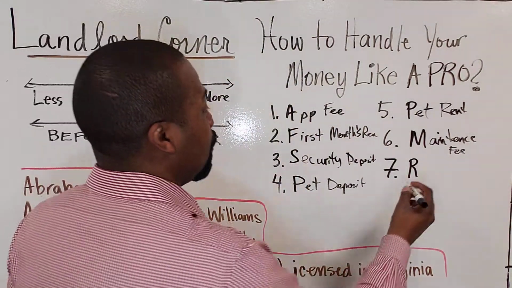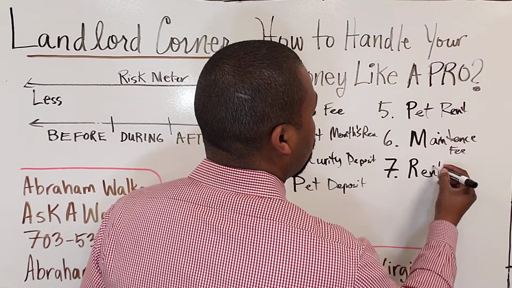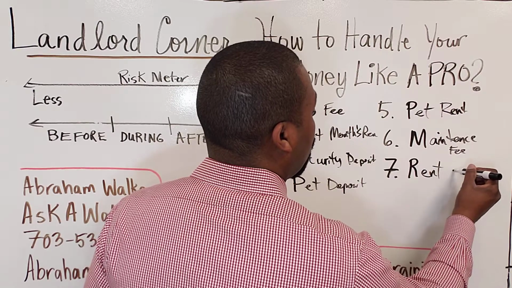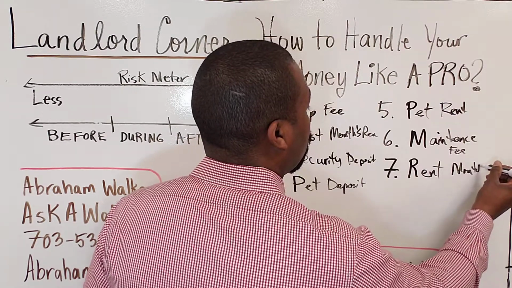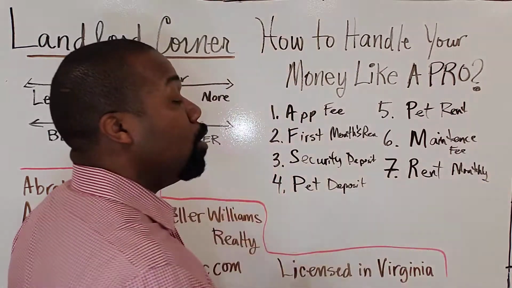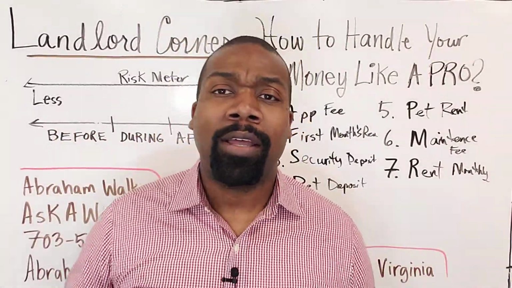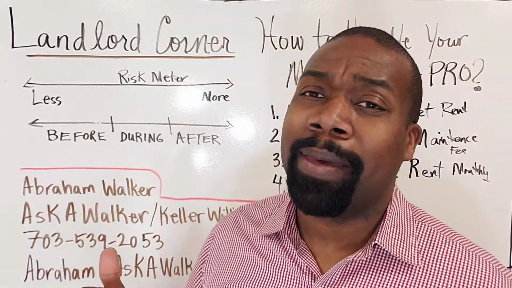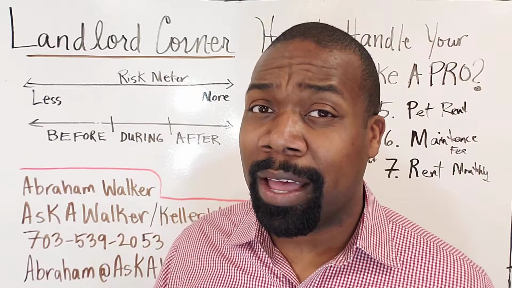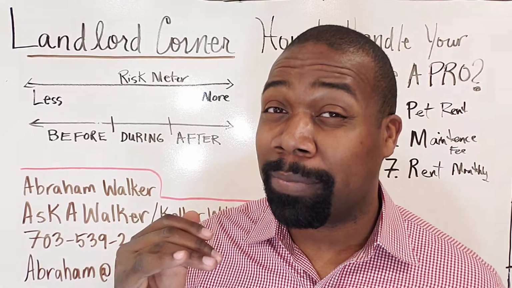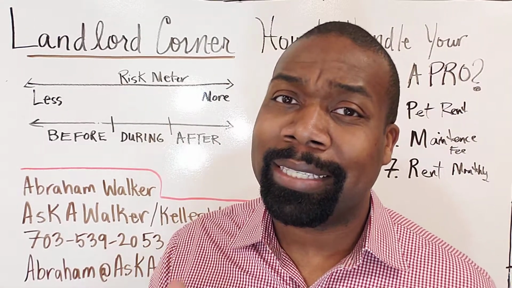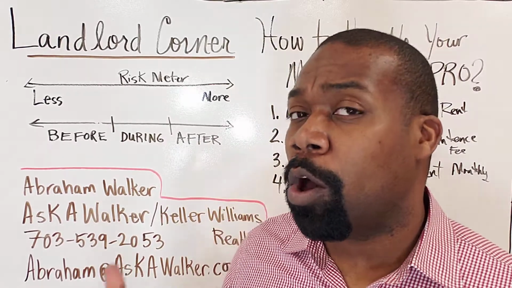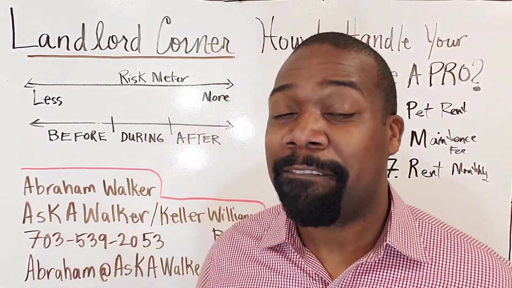Number 7 is the rent, right? So this is just on monthly rent, right? With the monthly rent, this is collected on a monthly basis. The preferred method of collecting rent is really an automated system. Just know that if you automate the system through PayPal, there is a fee.